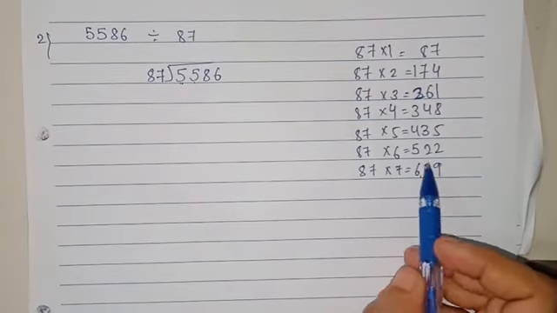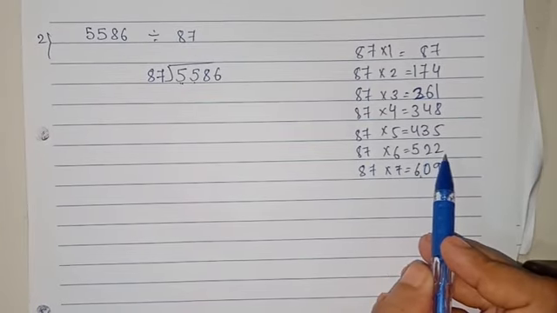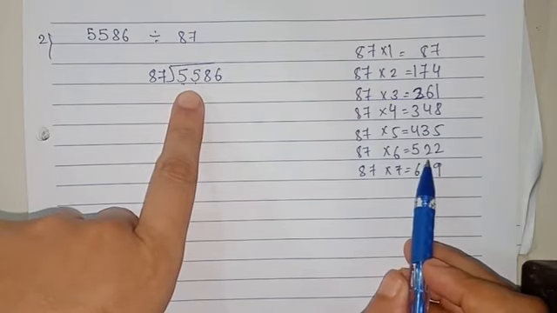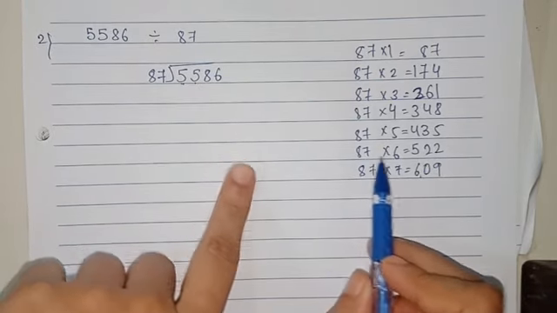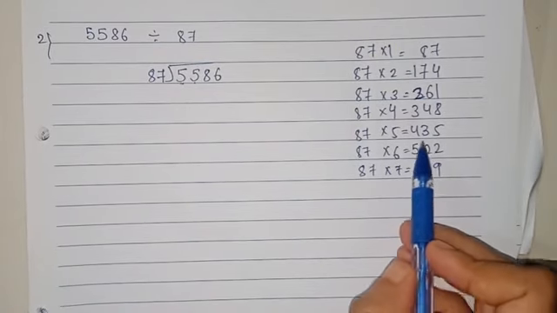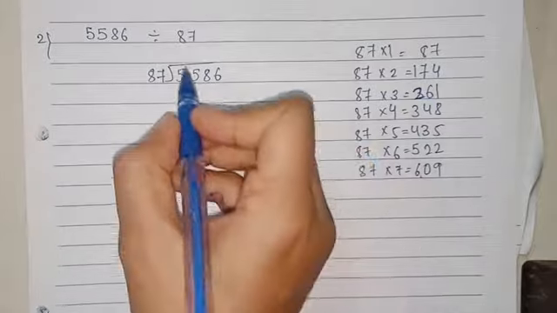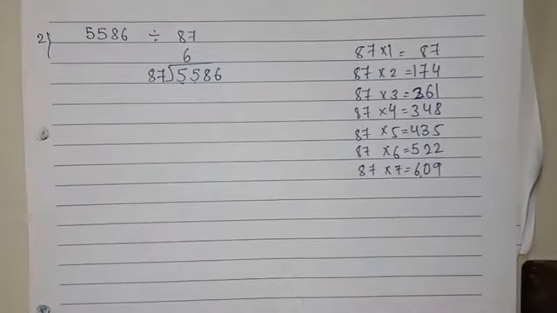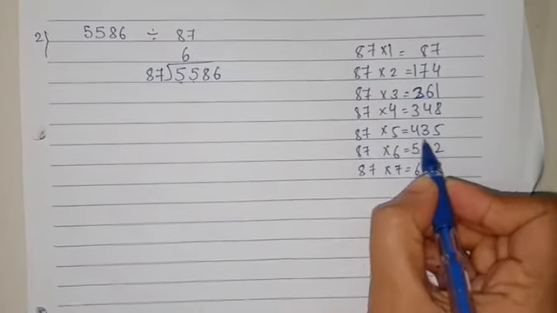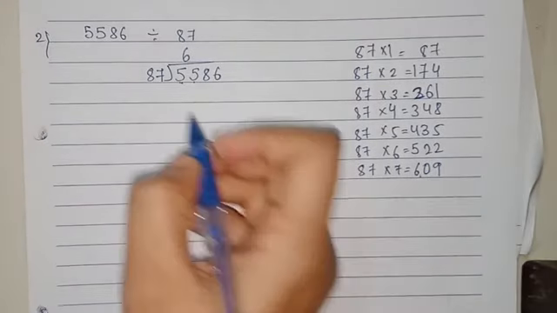So we have to take 522 because it is smaller than 558, right? So 87 sixes are 522, so we will write this 6 here as a quotient. Got it? Now this 522 will come here.